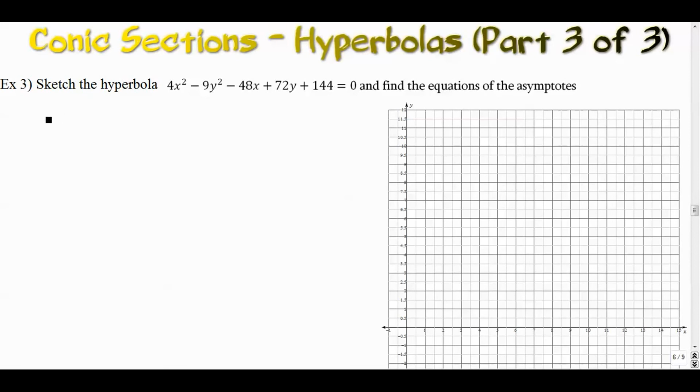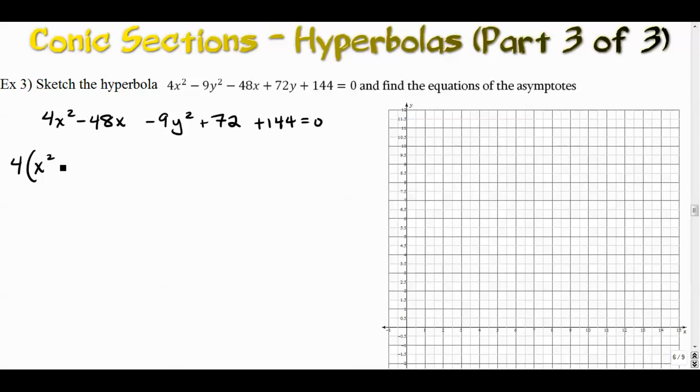I'm going to group my terms by variable, so I'm going to get the x's together and the y's together, and next I need to complete the square. So let's take a 4 out of here.